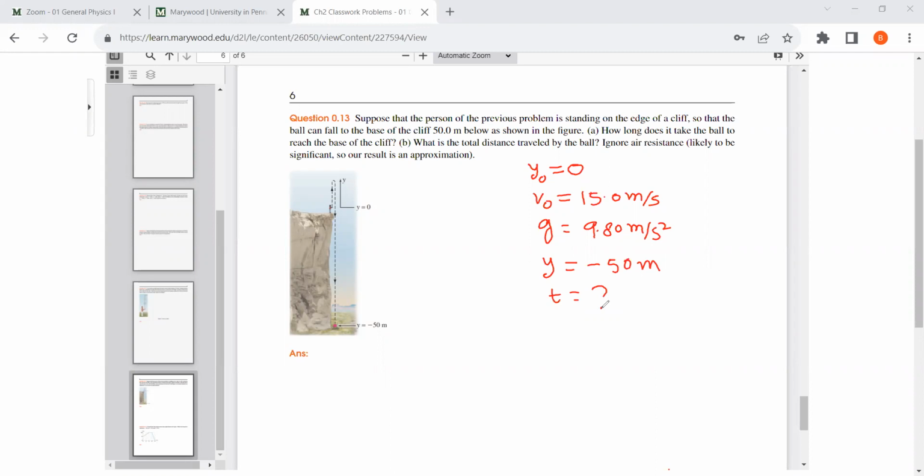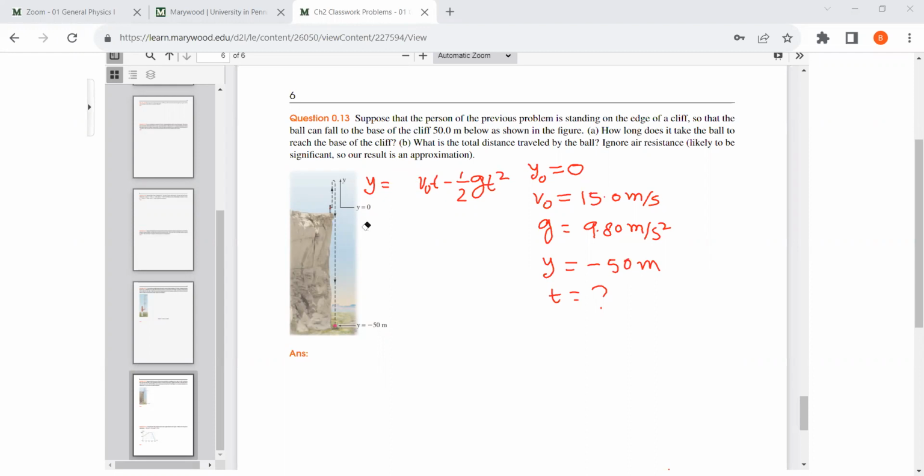If you compare these known and unknown quantities with the kinematic equation, you will see that this equation is useful to solve this problem. This is the equation that we need. Since y0 equal to 0, erase it. Now let's plug in the values and solve it.